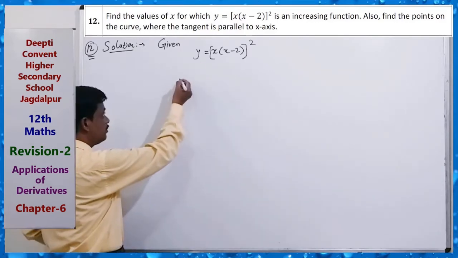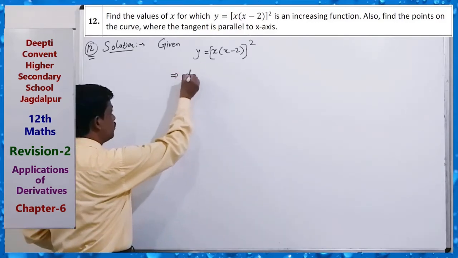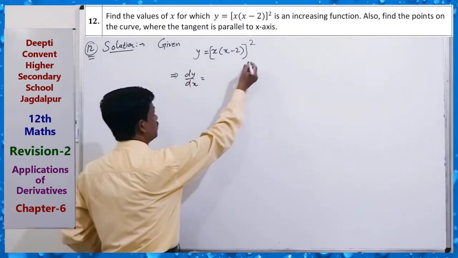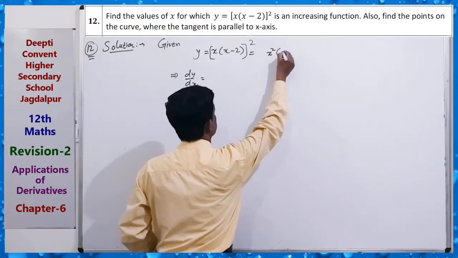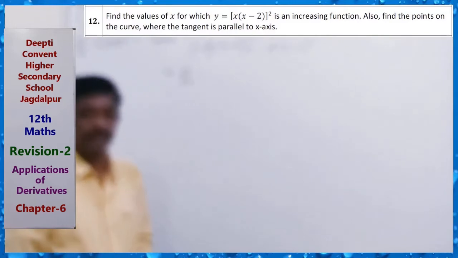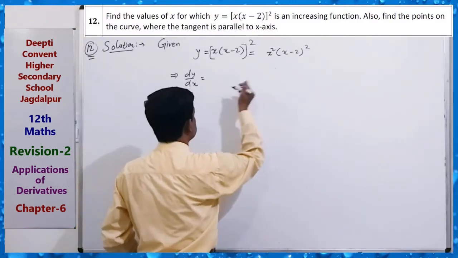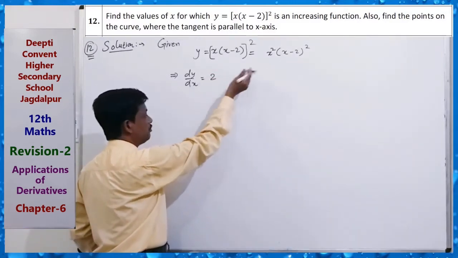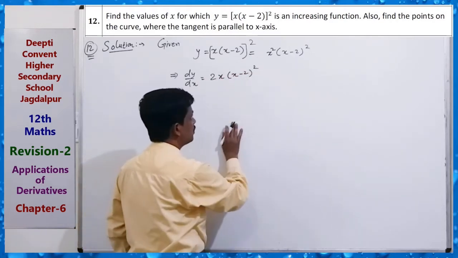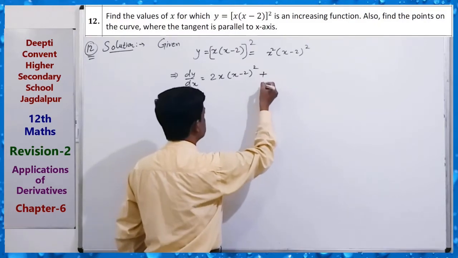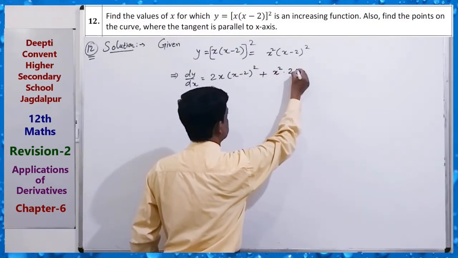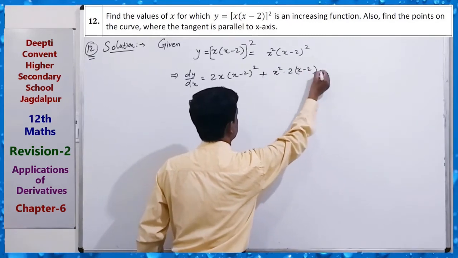So find the derivative dy upon dx. We can write it like this: x square times x minus 2 square. Using the product rule: first function, second function, derivative of first function 2x times x minus 2 square, plus x square times the derivative of second function, 2 into x minus 2 into 1.